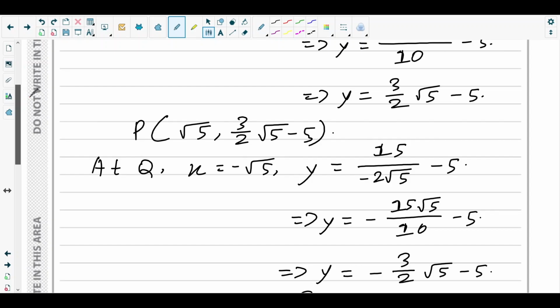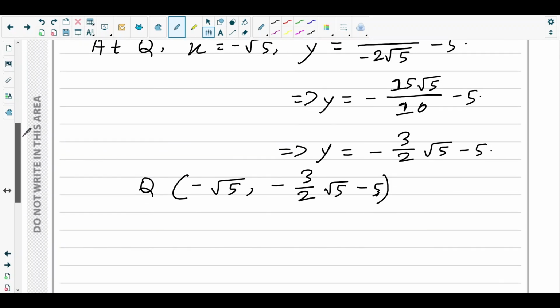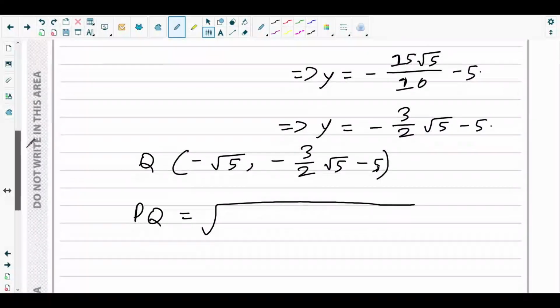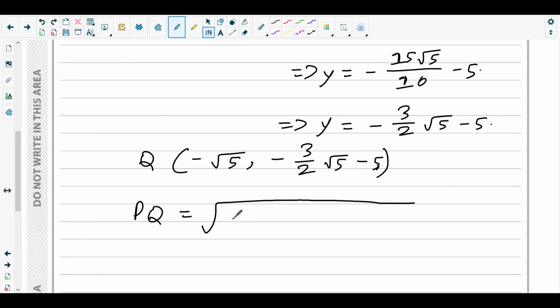So we got the coordinates of point P and the coordinates of point Q. Now we can find the distance of PQ. So the distance of PQ is square root of y2 minus y1 whole squared. So y2 is negative 3 over 2 square root of 5 negative 5.